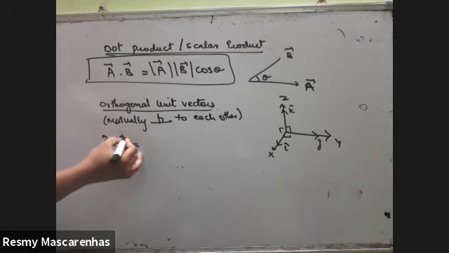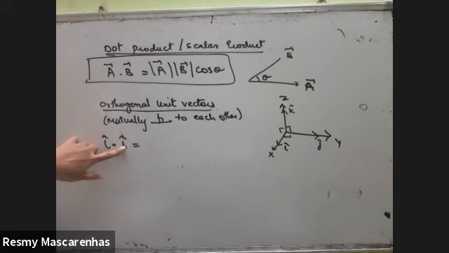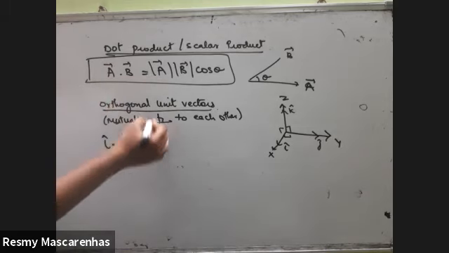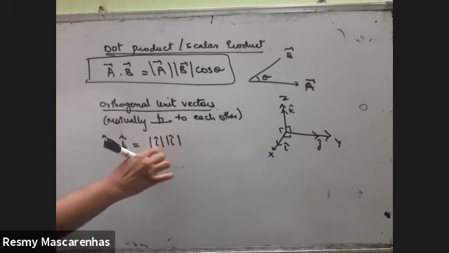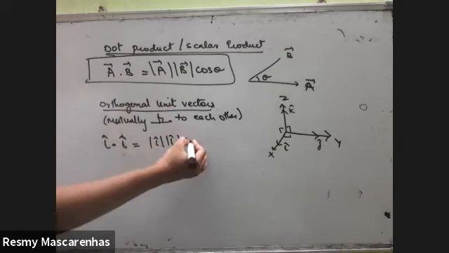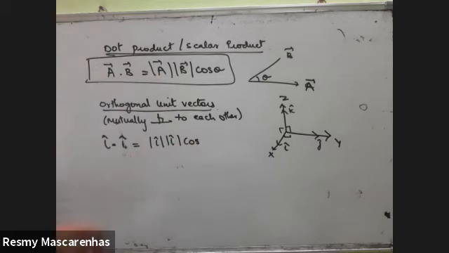I want to find i dot i. So this is like a bar, this is like b bar. As per that formula, we'll apply the formula. This will be magnitude of a, magnitude of b, and cos theta. Now we have to check the angle between i and i.